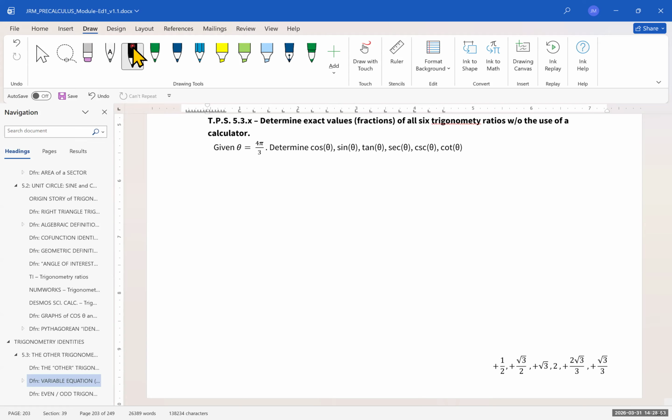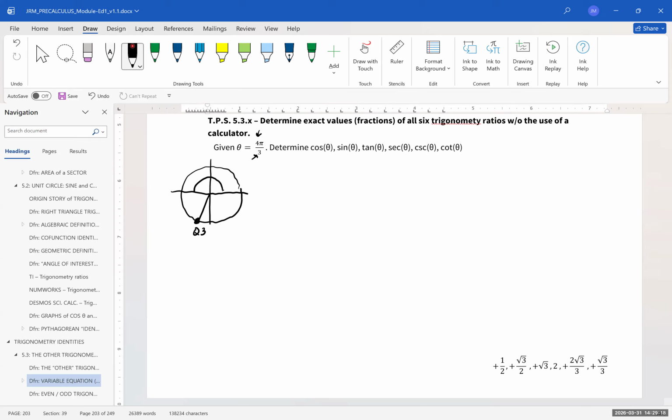So let's look at 4 pi over 3. So we'll just kind of draw a unit circle really quick here. Now, since the numerator is 1 more than the denominator, that actually tells us that we're going to be in quadrant 3. So we're going to be somewhere right about here.